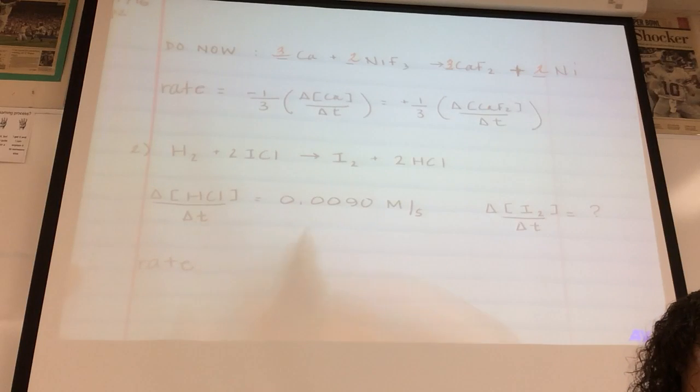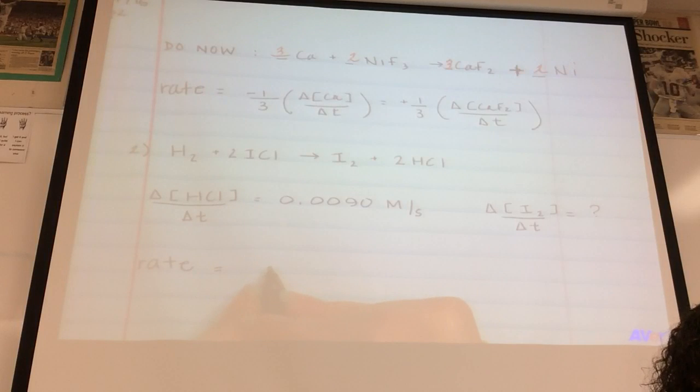So Sheehan, if I had hydrogen chloride, is that a reactant or a product? A product. So would I have a positive or a negative one? A positive. Right. So you have positive 1. And what's the coefficient of hydrogen chloride? 2. So I put a 2 here.